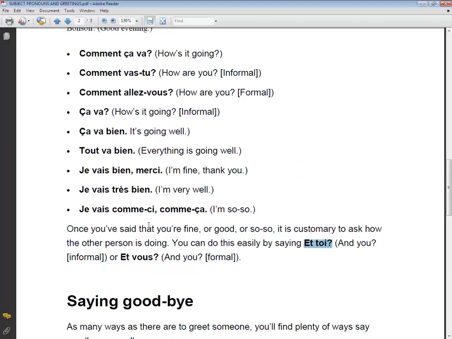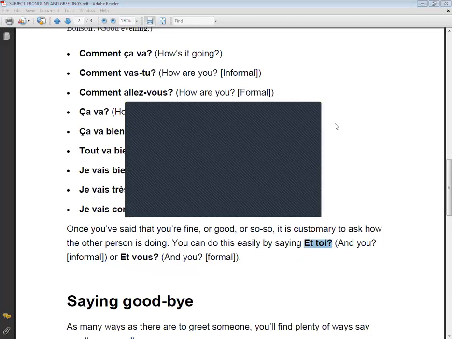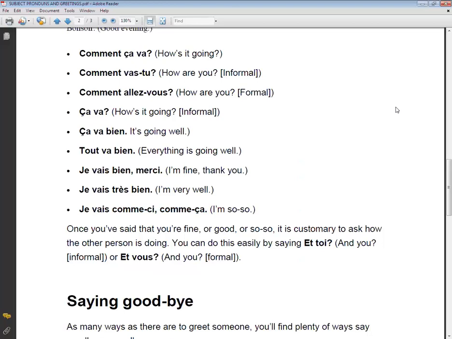Wa. So we say Et toi, to mean and you. Tuko pamoja. Yes. And that is formal or informal? It is informal, okay?